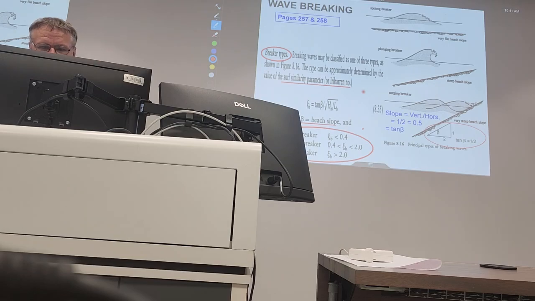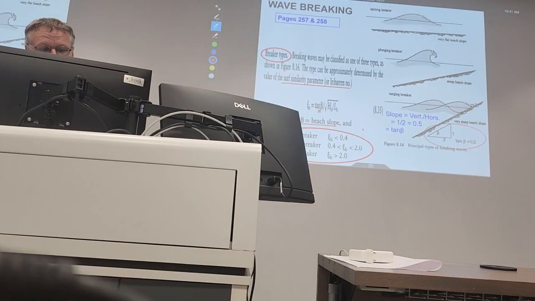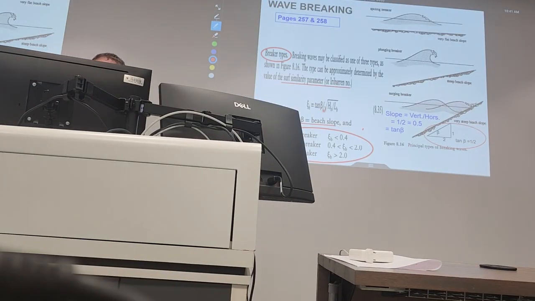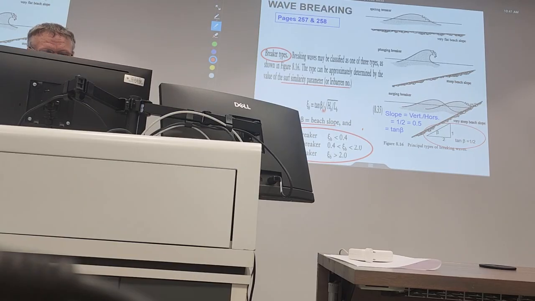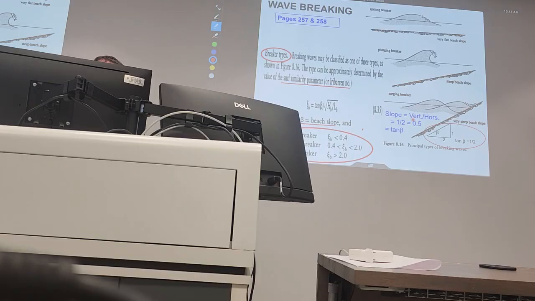So I can describe this epsilon beta as tan beta divided by the square root of H divided by L0, where this tan beta is just your slope. If you look at this side, you'll see this is my slope. So the slope is described as the vertical divided by the horizontal. So if this is 1, that is 2.